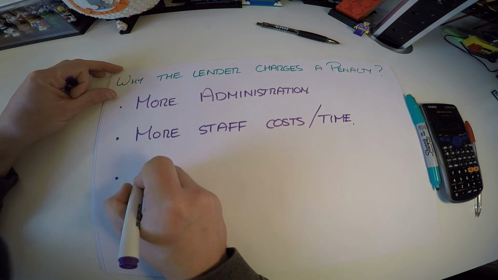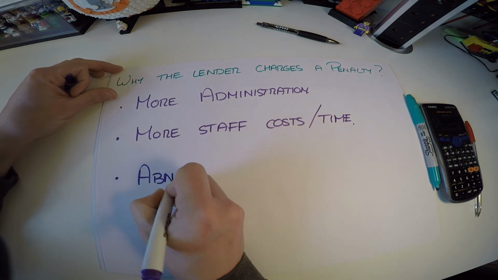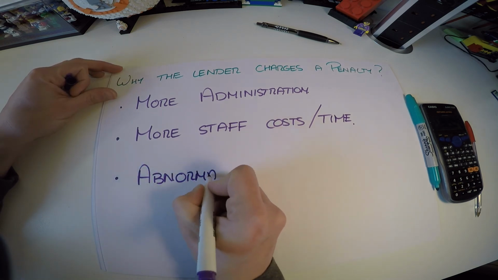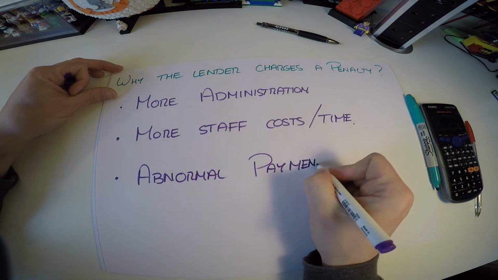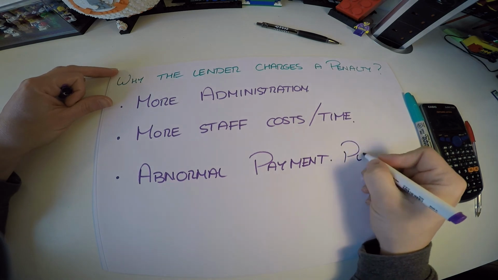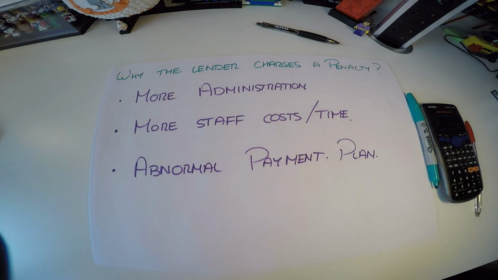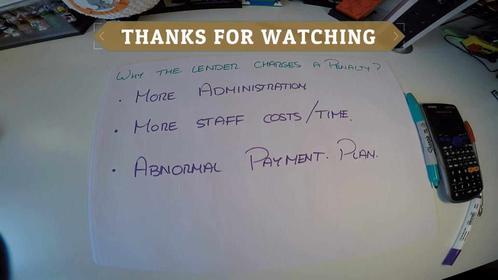Abnormal payment plan, maybe. Well, just look, there's loads of things. You just need to get one. So any of these will be sufficient. I think if you make any logical sense at all, that'll be fine. And that's that question done.